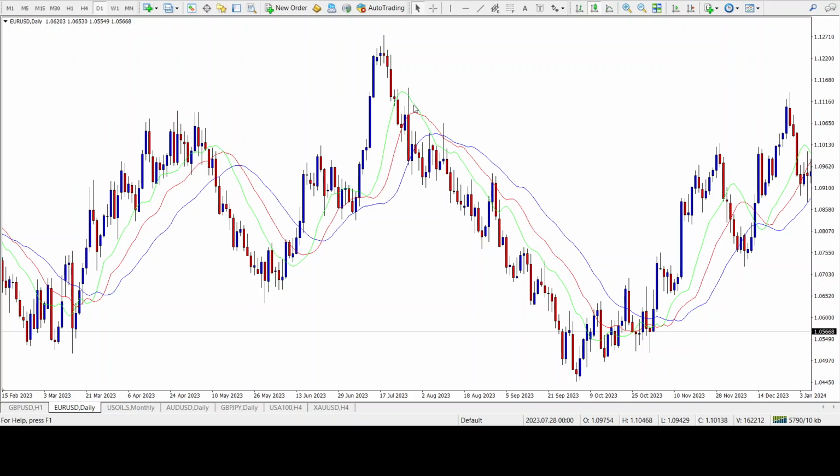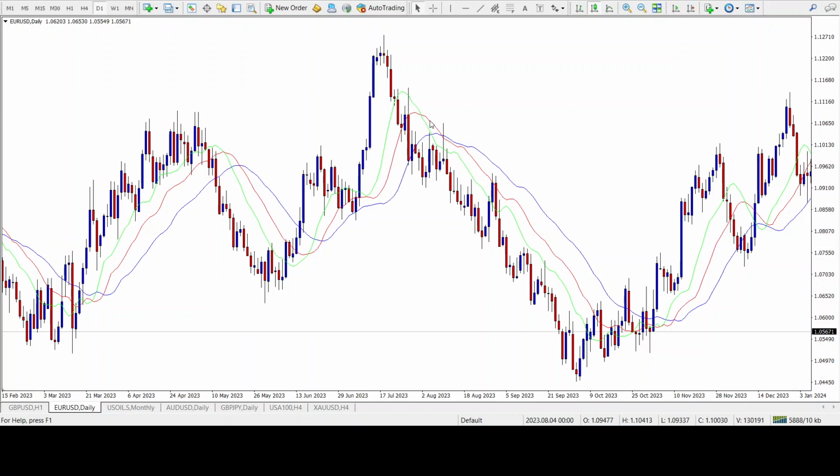The first sign of a sell signal is to have the lips cross below the teeth. But you shouldn't enter yet. That is just showing that a sell move is building up.